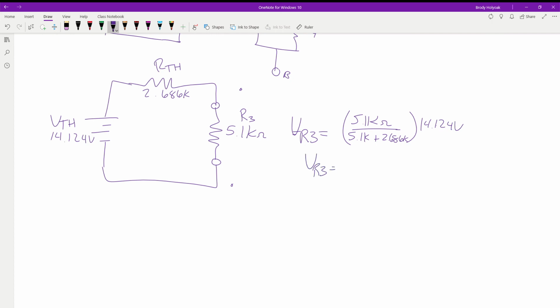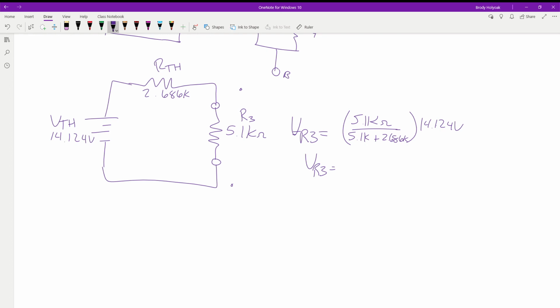Voltage across R3 is equal to, first off, ballpark, what should it be? About an eighth. Yeah, so you should have roughly 5/8, 3/4.